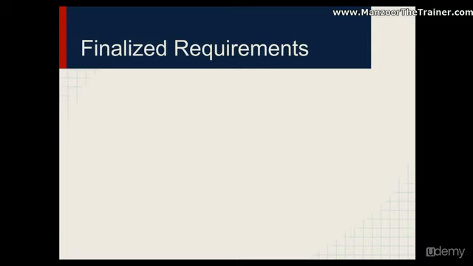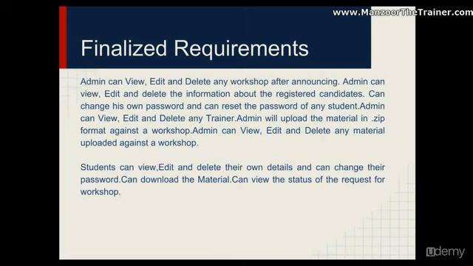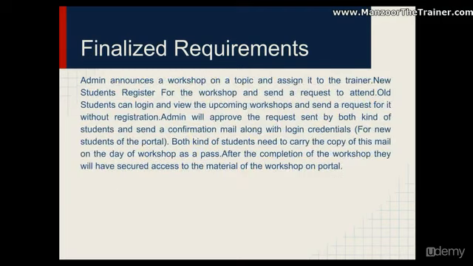So here we have the finalized requirement that we have already seen in our earlier video. If you observe this requirement, we can say that there are two key roles who are going to access my application, or you can say two key types of users who will be accessing my app.